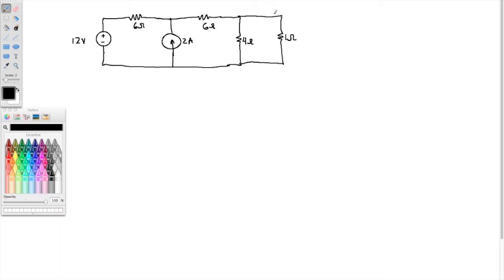And we'll say that the 1 ohm is the output resistor. So we'll say find the Thevenin equivalent circuit.